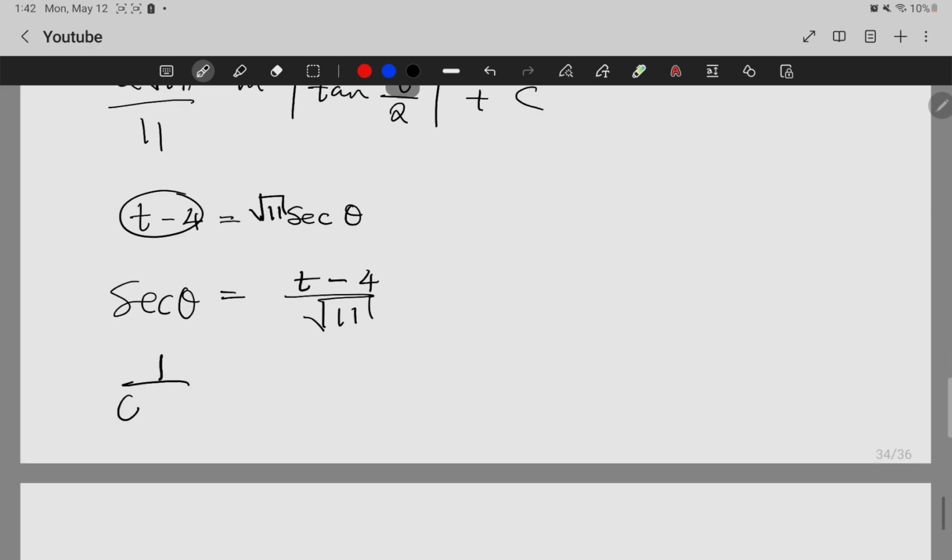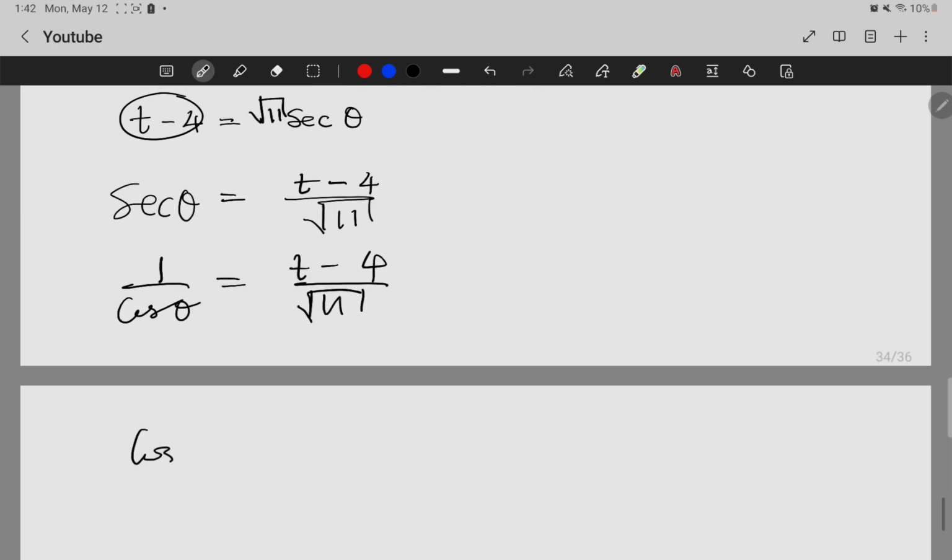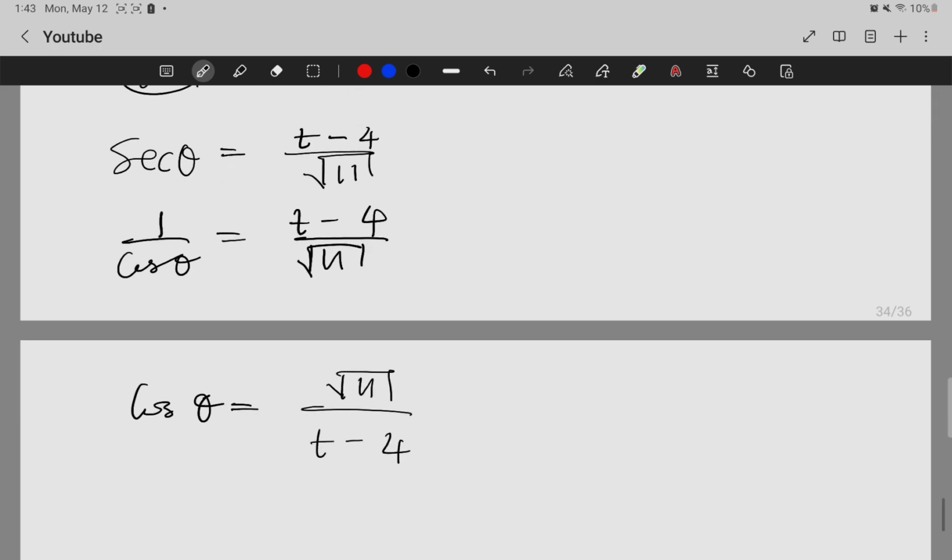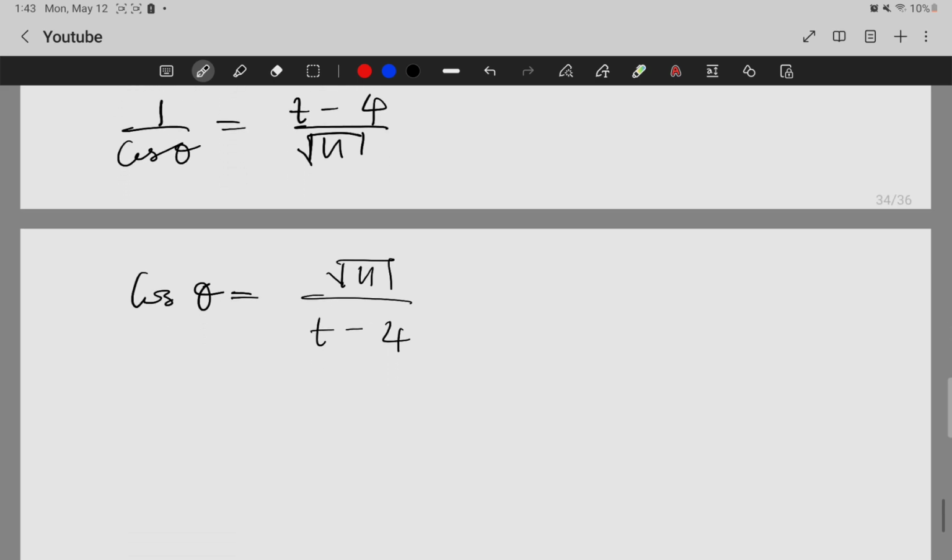So I have 1 over cos theta being equal to t minus 4 over root 11, so that in the end, cos theta is equal to root 11 over t minus 4. And since I now have cos, I can easily get sine.